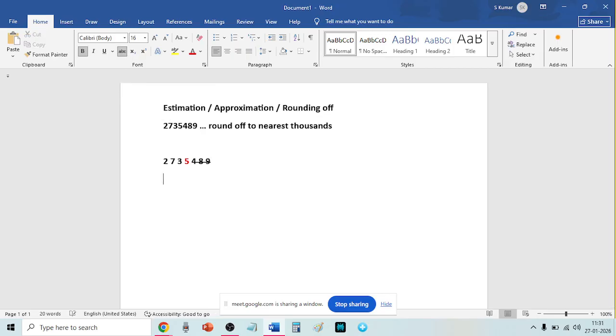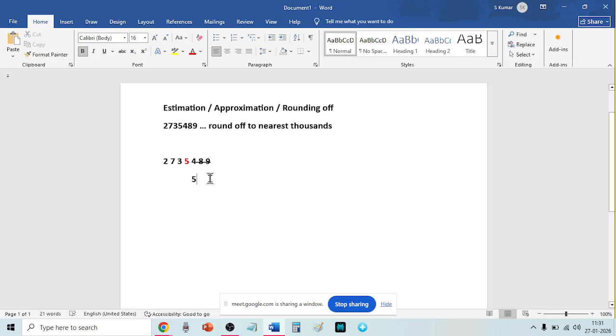Now add 5 to the first part which you have cut. Where am I putting 5?